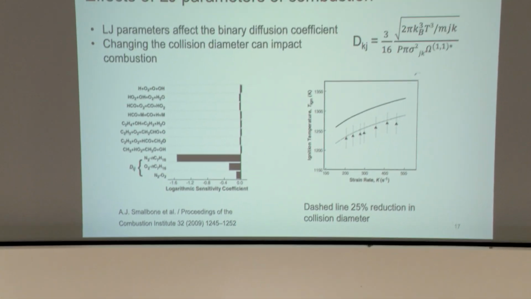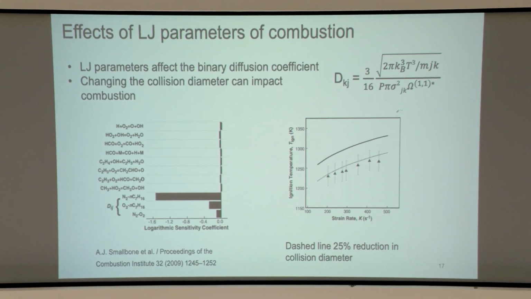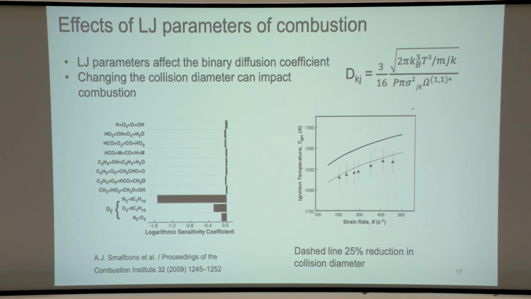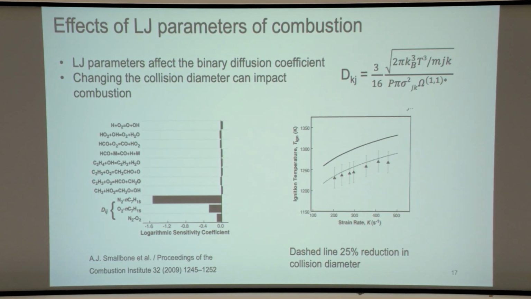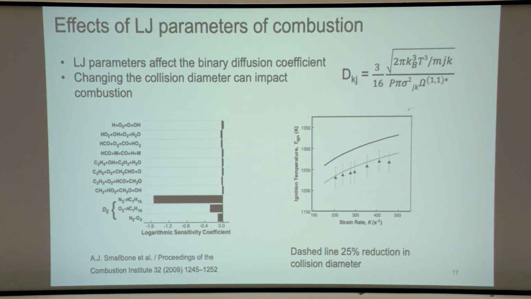So this is an example from, I guess Smallbone was here in Princeton, yeah? Looking at the effect of Lennard-Jones parameters on the left side, and the effect of the binary diffusion coefficient, I think this is for flame extinction phenomena.